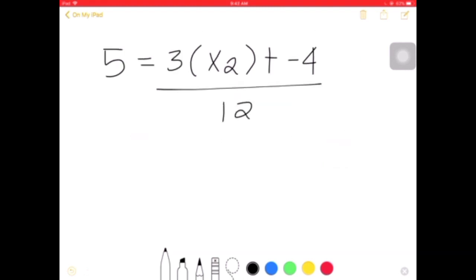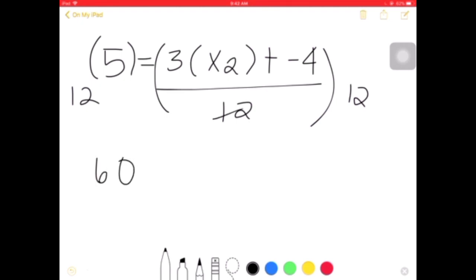We need to multiply both sides by 7 to cancel out the denominator. 5 times 7 is 35. The equation then becomes 35 equals 3 times x sub 2 plus negative 4.